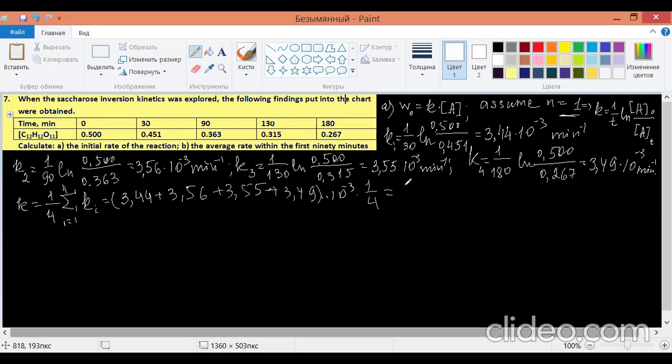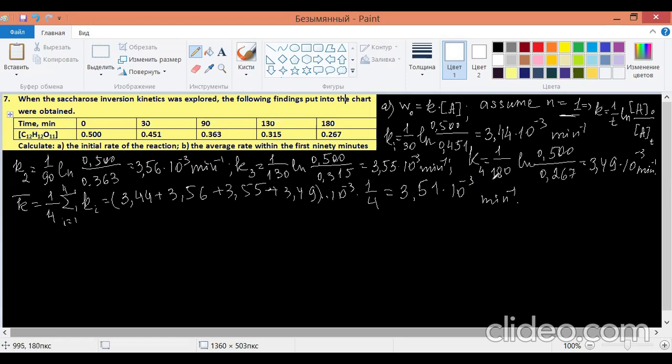So 3.44 plus 3.56 plus 3.55 plus 3.49, and we've got 3.51. This is the average value of K, the average 3.51 times 10 raised to minus 3 minute raised to minus 1.